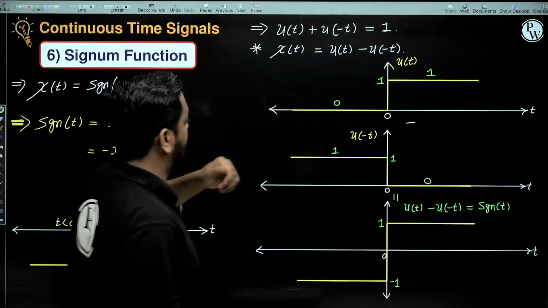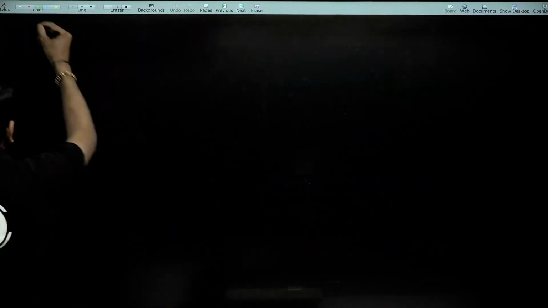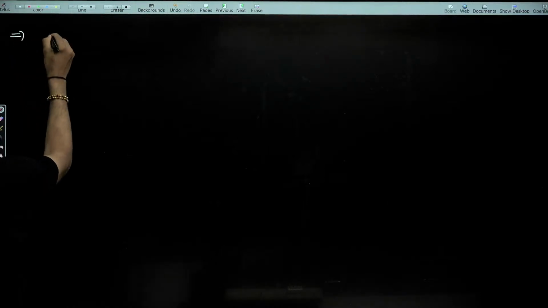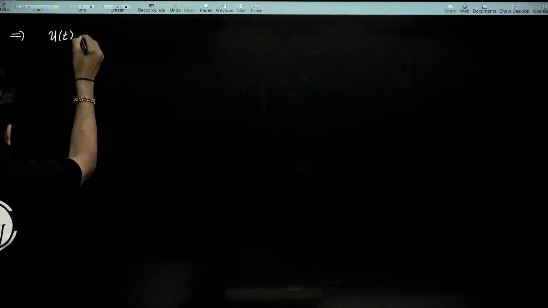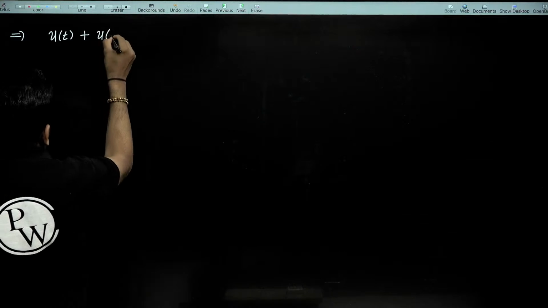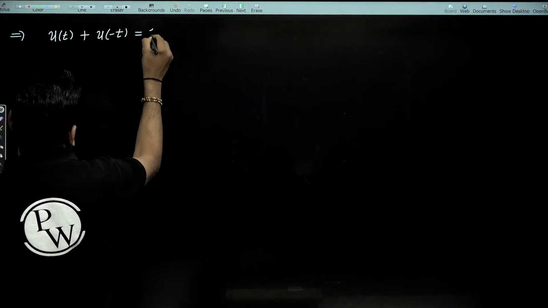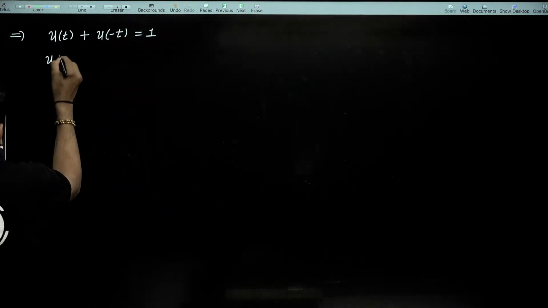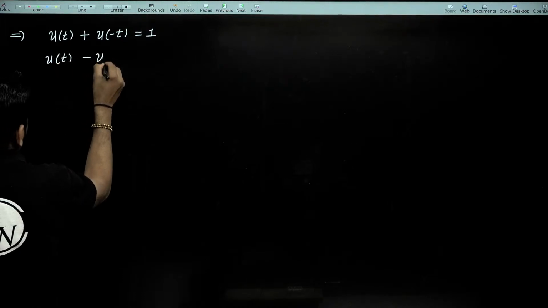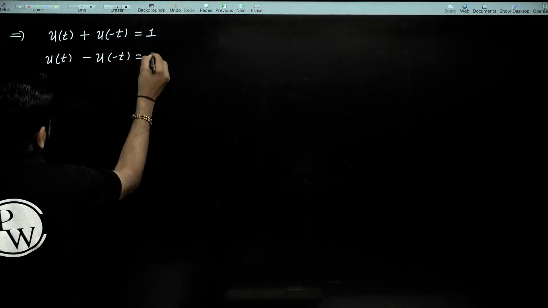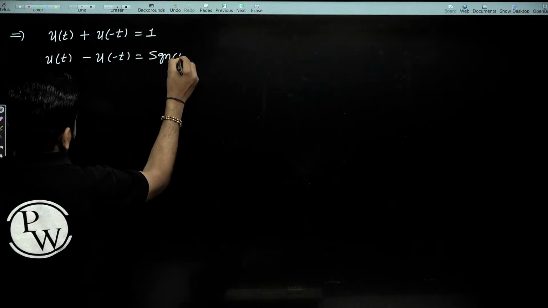Okay, so what is the observation now? First we got u of t plus u of minus t is 1 for all t, and u of t minus u of minus t is the Signum function.